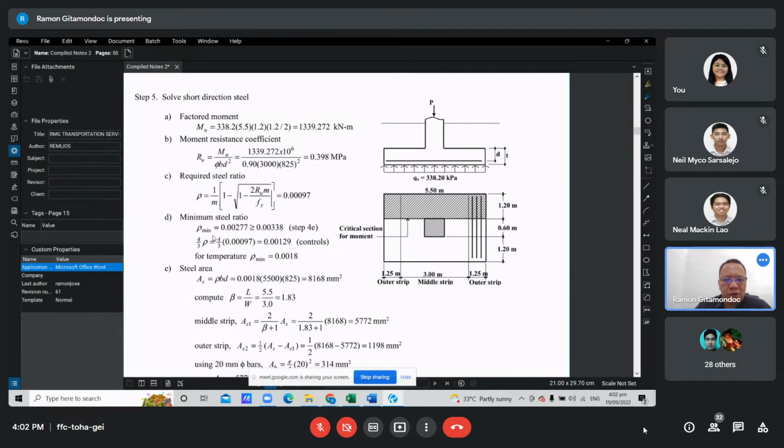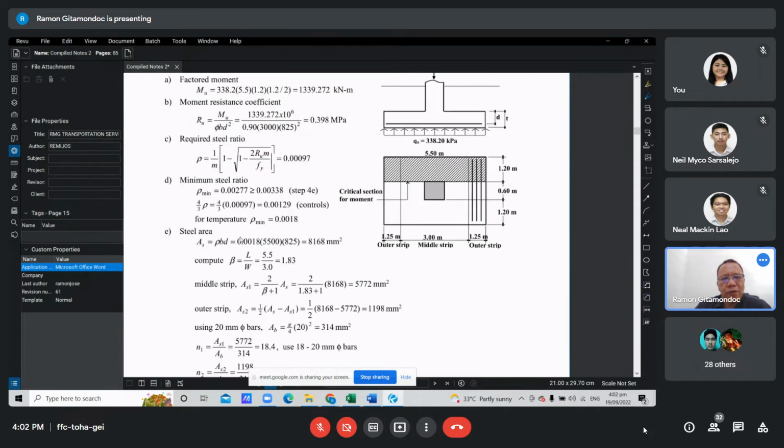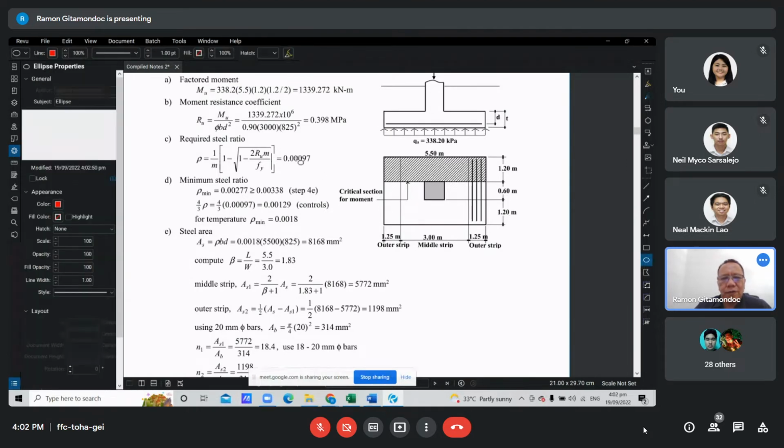So Ru, rho, then compared with rho min. In this case, our rho required is less than rho min, which is 0.0038. The code says that when rho required is less than rho min, we may use the smaller between 4/3 rho required and rho min. So we multiply 4/3 of rho required to obtain 0.00129.